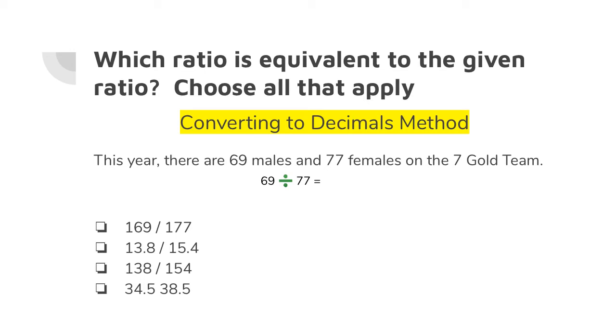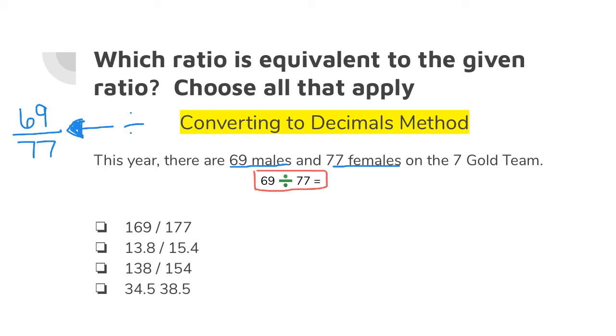So let me give you a little bit of background information. If we had a ratio of 69 males to 77 females, we could write it like this: 69 males to 77 females. This fraction bar is actually a division sign. So the ratio 69 males to 77 females could be converted to a decimal by using the division key.